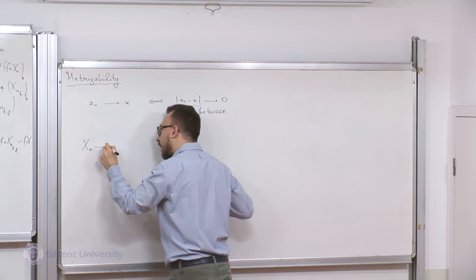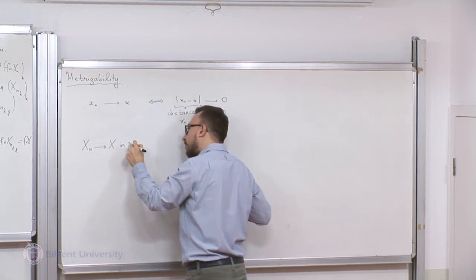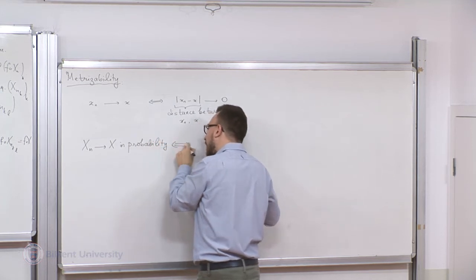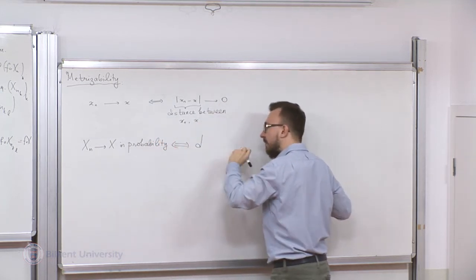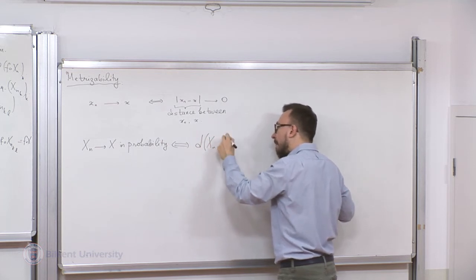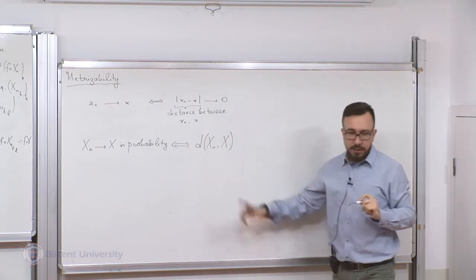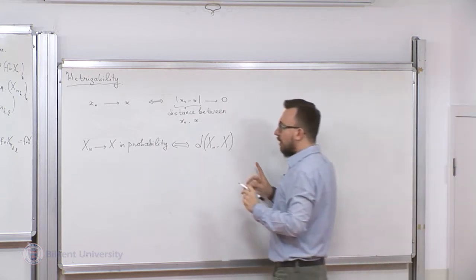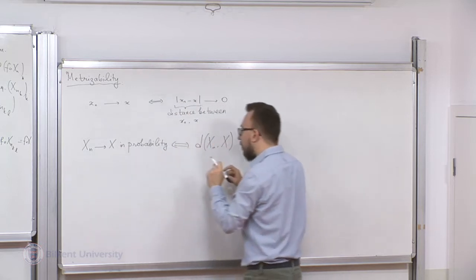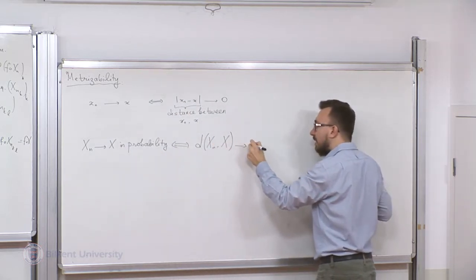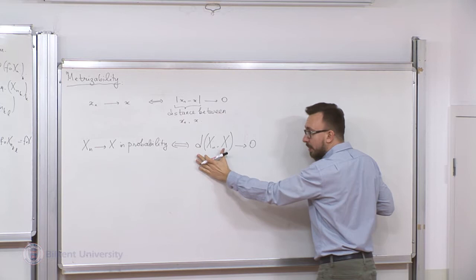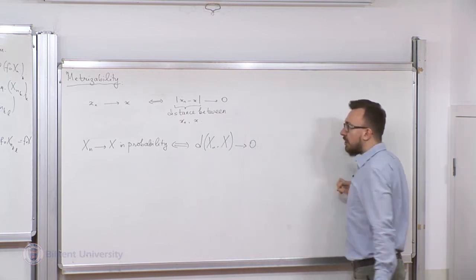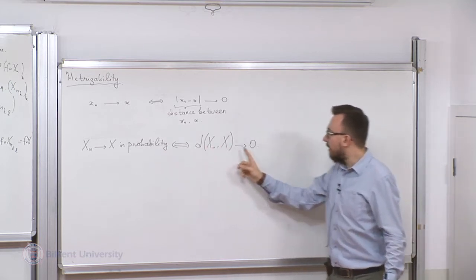So the question is the following. If we have random variables and we talk about convergence in probability, can we come up with a distance function, namely a metric, on the space of real-valued random variables, such that we have Xn converges to X in probability if and only if the distance, now a sequence of positive numbers, goes to 0?